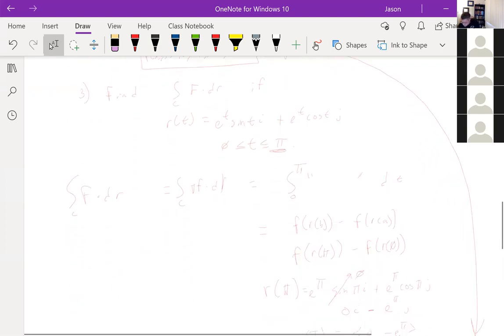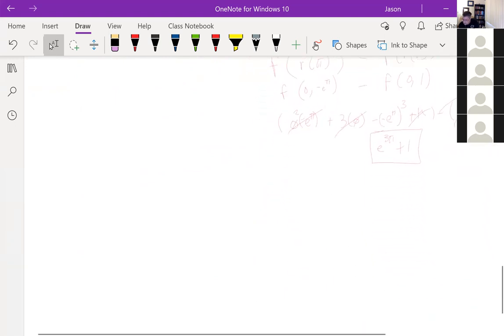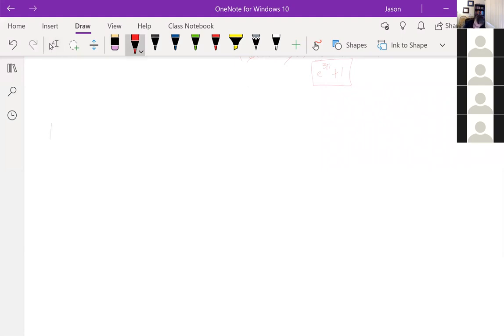Okay, so let's prove something using this in physics. Let's do a proof of something in physics using this idea. In physics we have force equals mass times acceleration, right?